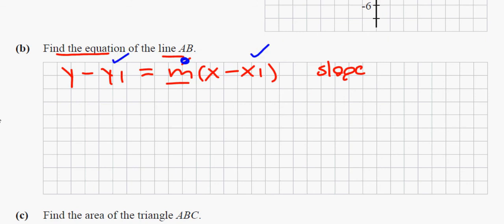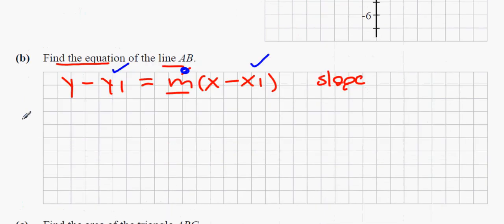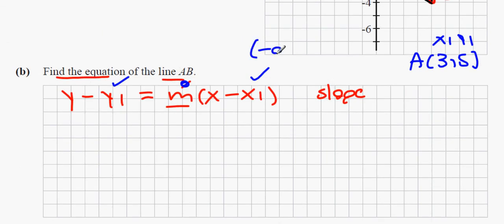So let's call A (3, 5) x1, y1. And B is (-6, 2). Let's call that x2, y2.